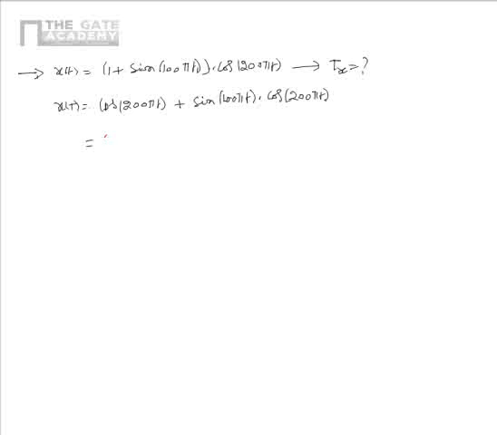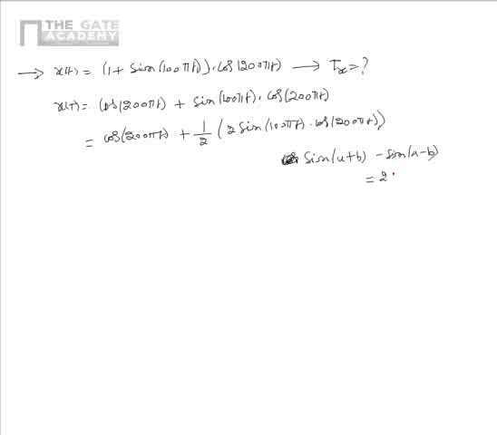This can further be reduced as cos of 200 pi t plus 1 by 2 as a whole multiplied by 2 sine 100 pi t cos 200 pi t. We know that sine of (a plus b) minus sine of (a minus b) is equal to 2 cos a sine b.